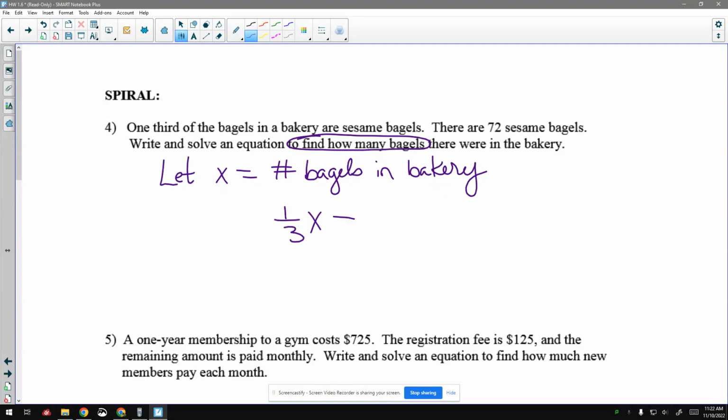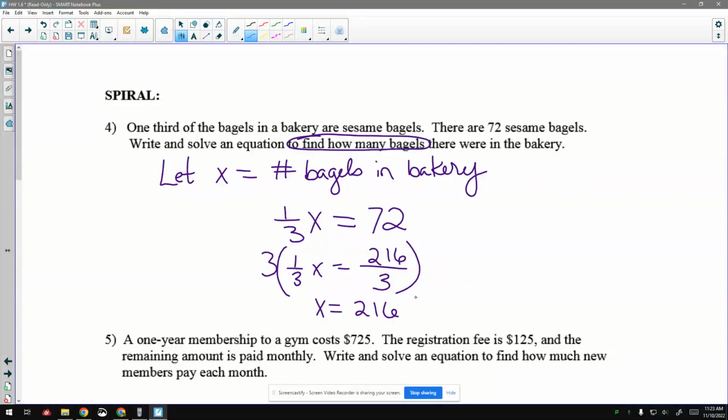There are 72 sesame bagels. Okay. I'm actually going to make this 1/3 x equals 72. 72 times 3 is 216. When I multiply everything by 3, I get x equals 216 bagels in the bakery.